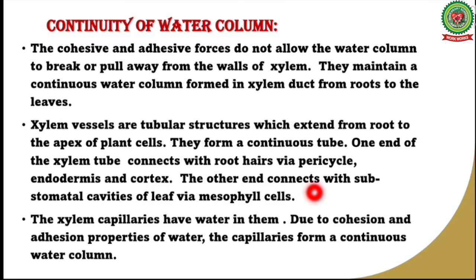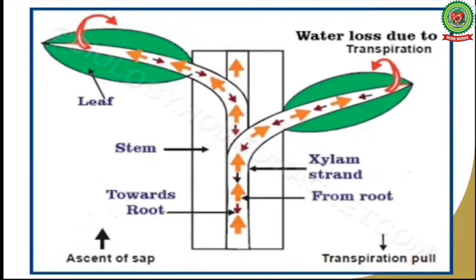The other end connects with the substomatal cavities of the leaf via mesophyll cells. The xylem capillaries have water in them. Due to cohesion and adhesion properties of water, the capillaries form a continuous water column. In this image, we can see a continuous water column starting from the roots till the leaves.